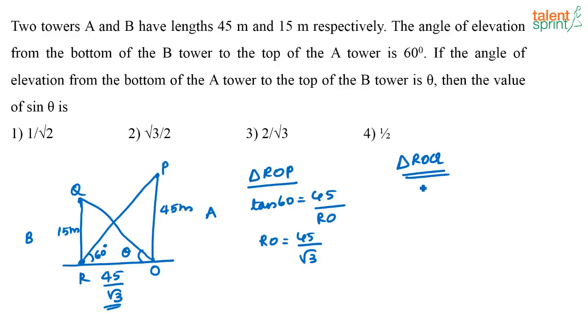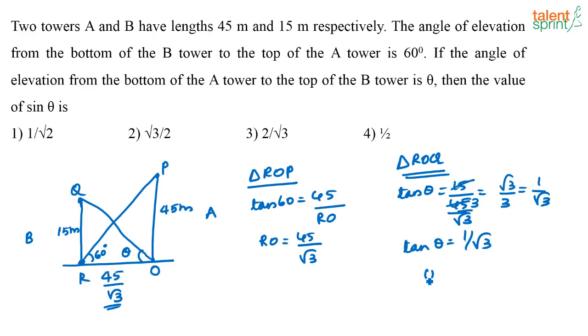So if I consider the triangle ROQ, what do I get? I have tan theta is equal to 15 divided by 45 by root 3, correct? 15 divided by 45 by root 3, that is nothing but 15 by 45 is 1 by 3, or again I have root 3 divided by 3, that is equal to 1 by root 3. So if tan theta is equal to 1 by root 3, then what is theta? Theta is equal to 30 degree.